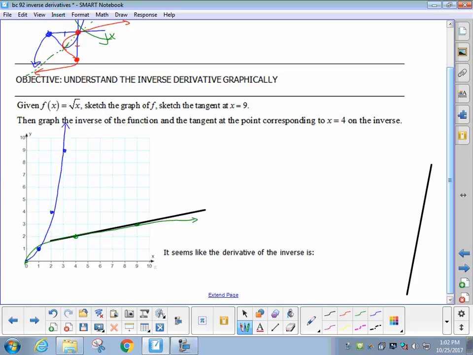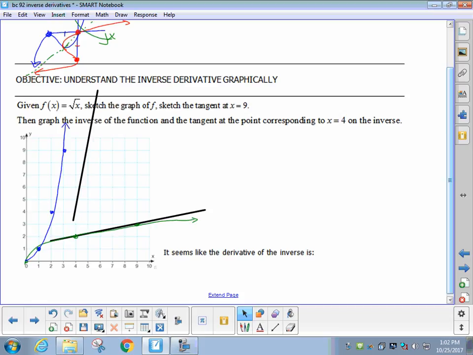Now, in my instructions, I said, would you sketch the tangent at the point corresponding to x equals 4? What point would correspond to x equals 4 on the original? y equals 4. I'm looking for you to graph the tangent to the inverse at y equals 4. And like that.